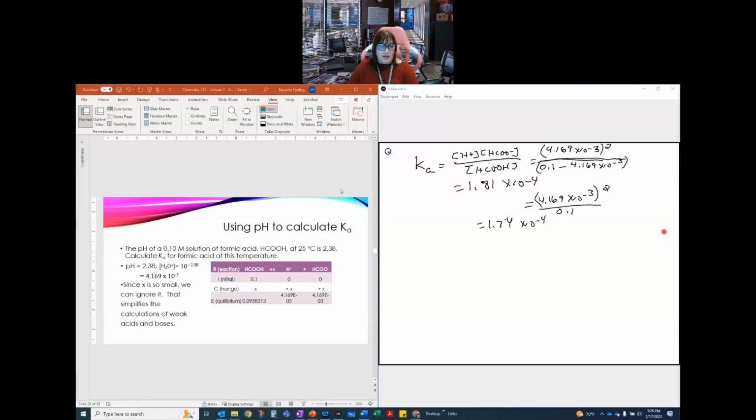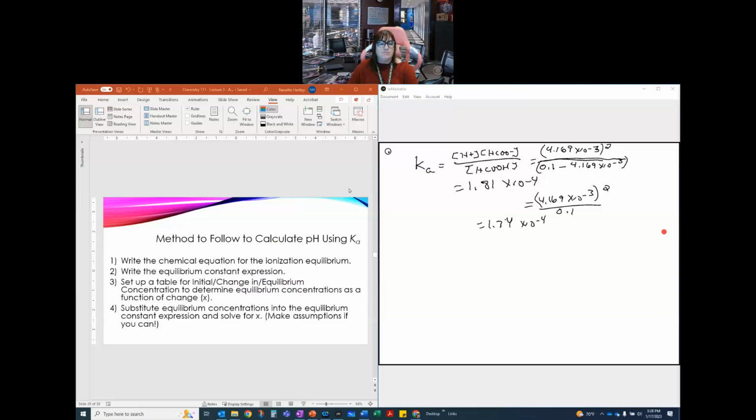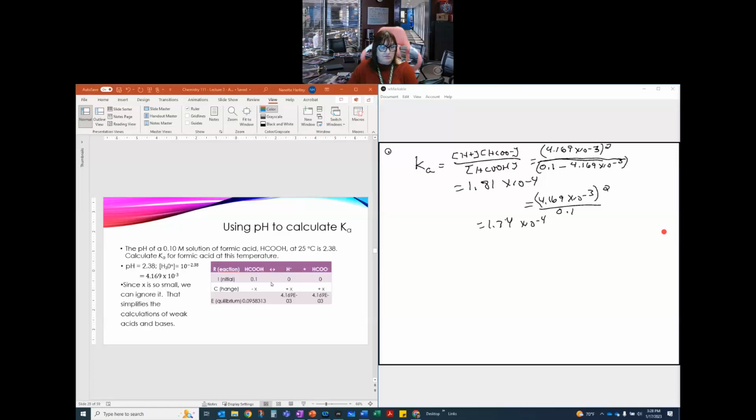So that's how we do pH to Ka. So the method to follow to calculate Ka from pH: you write the chemical equation for the ionization equilibrium, which is what we did up here. So we had our HCOOH, and that gives me an H plus and an HCOO minus.